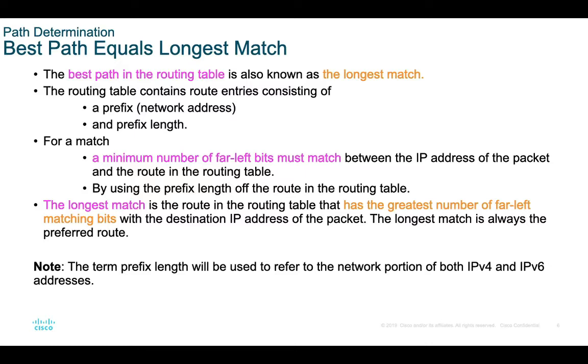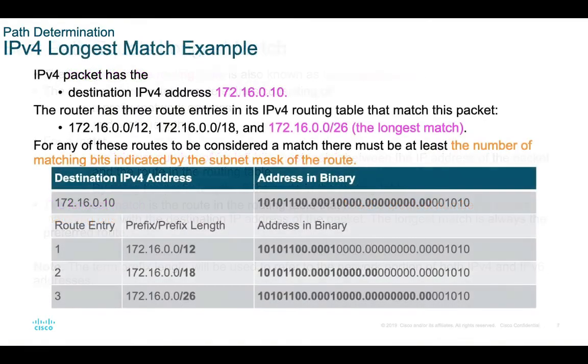By using the prefix length of the route, we try to match as many bits as we can. So the longest match in the routing table has the greatest number of far left matching bits, which means they try to match as many network bits as they can to the destination address. Let us take a look at the next slide to see the example.